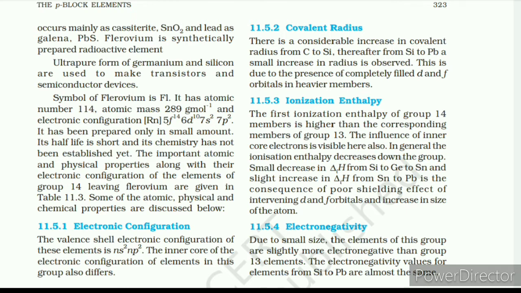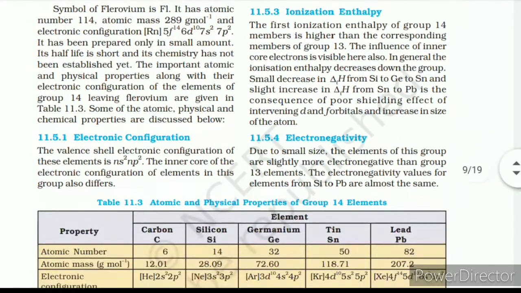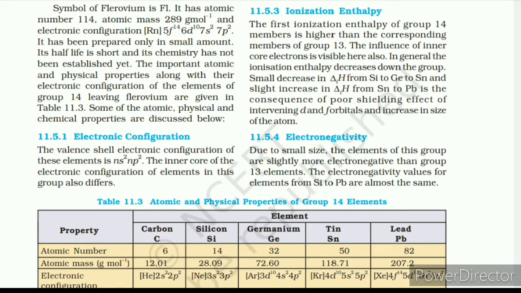The small decrease in ionization enthalpy from silicon to germanium to tin and the slight increase from tin to lead is the consequence of poor shielding effect. 11.5.4 Electronegativity. Due to small size, the elements of this group are slightly more electronegative than Group 13 elements. The electronegativity values for elements from silicon to lead are almost the same.